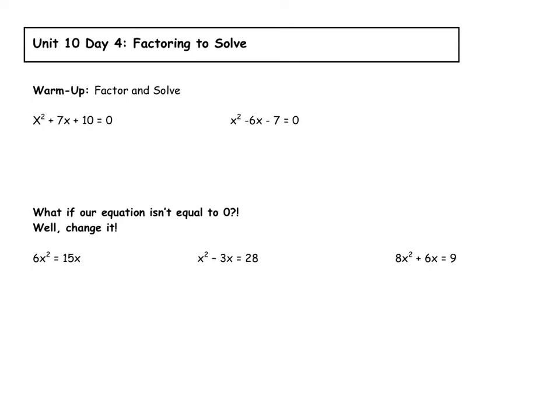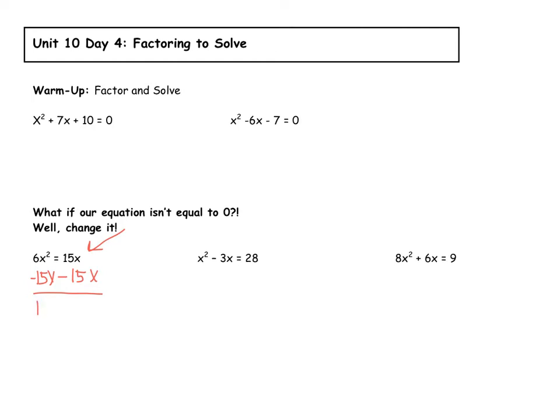So with this one right here, we have to get that equal to 0 before we can do anything. So I always bring everything to the left-hand side. My first step would be to subtract 15x from both sides. And then see what I have.